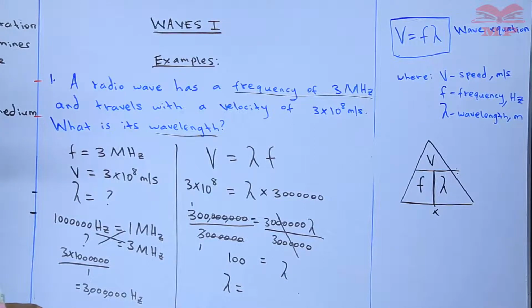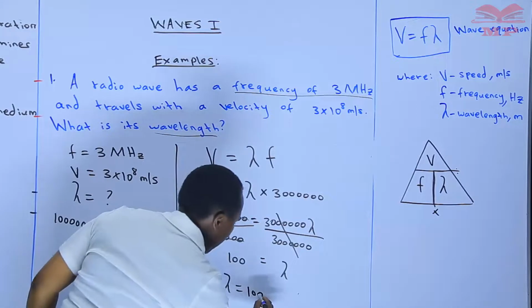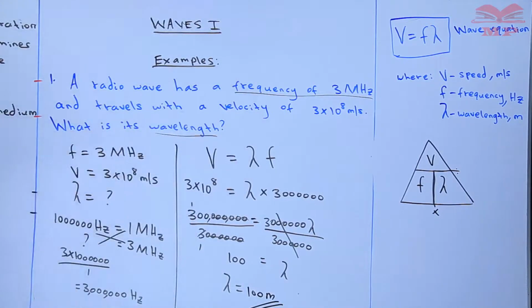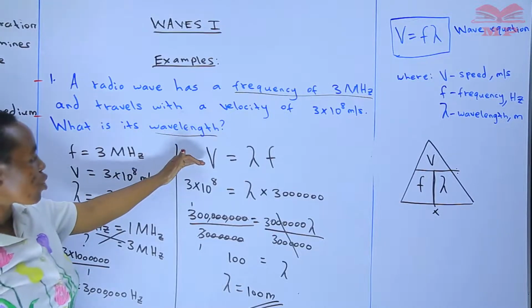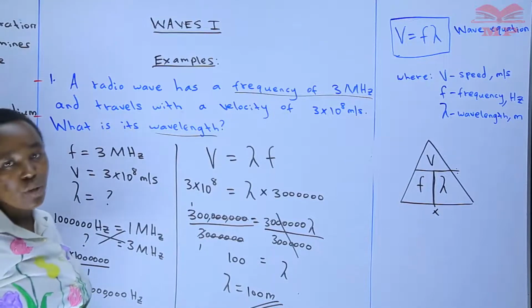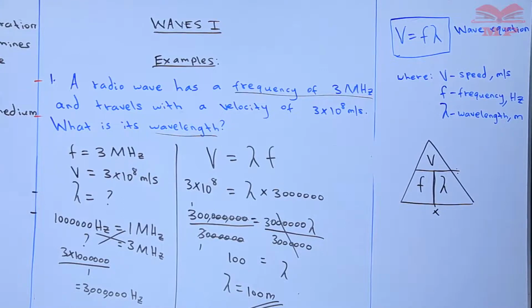The unit for wavelength is meters, because all the other quantities are in their SI units, and therefore our wavelength will be 100 meters. Is it okay? So that is what we have. We have applied the wave equation and solved for the wavelength which is in question. So we want to move ahead and do another example.